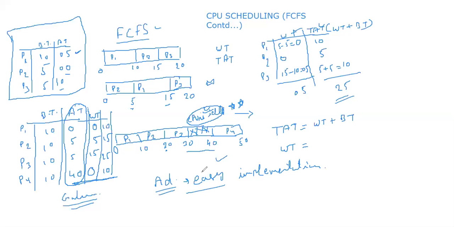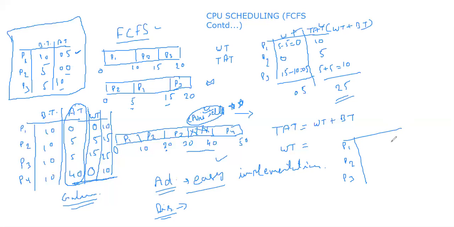Now what is the disadvantage of it? Can you point out the drawback of it? The drawback is, let's take one example. Suppose I have three processes P1, P2, P3.